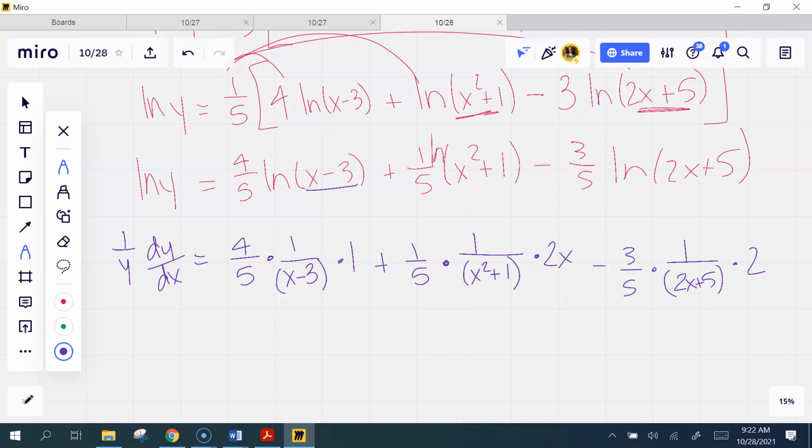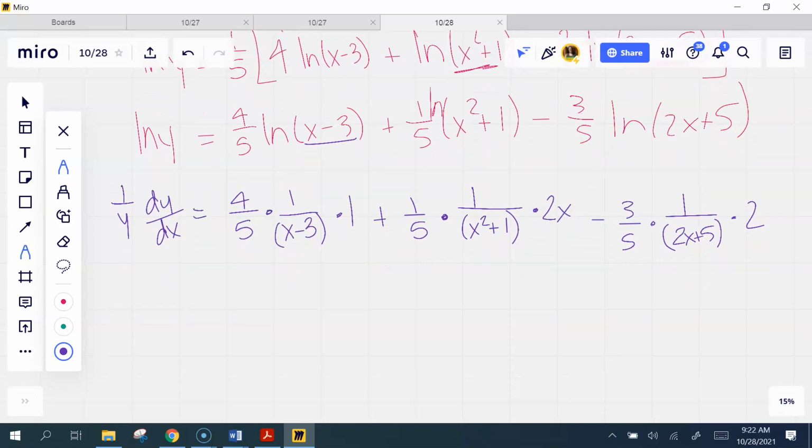Okay, so that's the first bit of calculus we've done with this problem, right? Is the derivative. We did log properties. Now we're fixing to simplify the fractions. All right, so we have 1 over y dy dx equals, I'm just going to make these into 3 fractions just so you see what's going on.